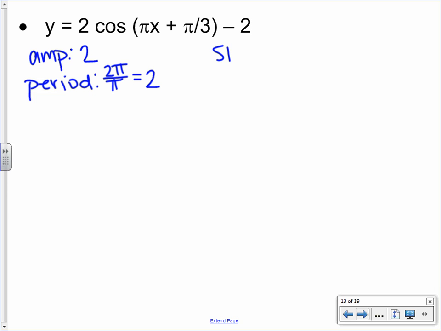Our starting point, what is c? Negative pi over 3, and then we have to divide that by b, comma, d is negative 2, so c over b reduces to what? Negative 1/3. So our starting point is negative 1/3, negative 2.